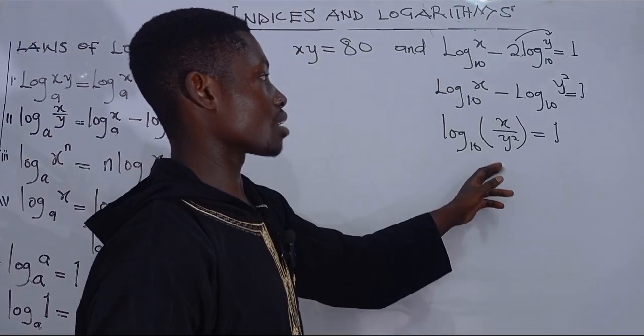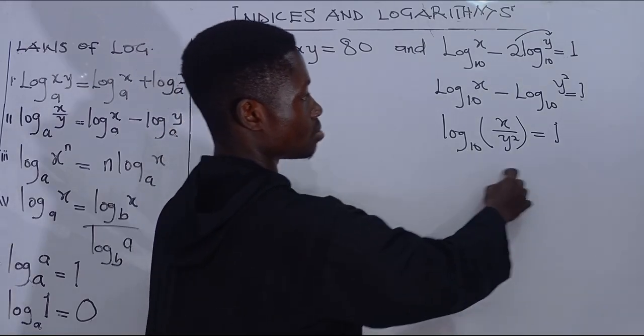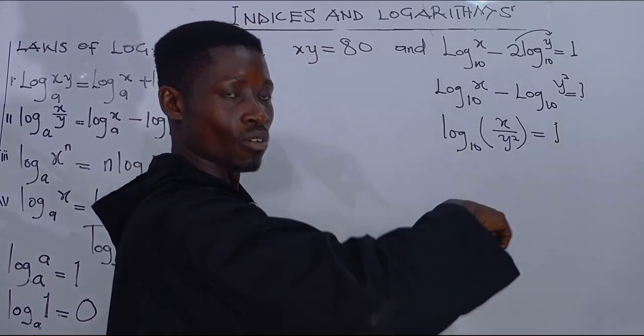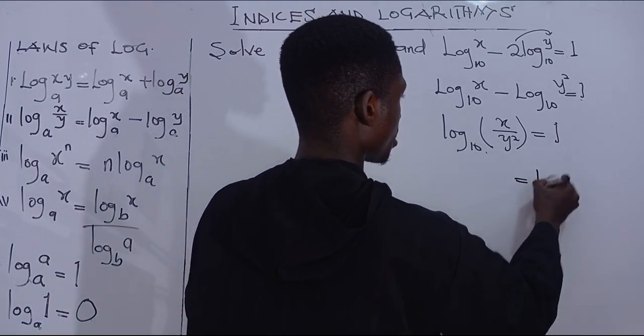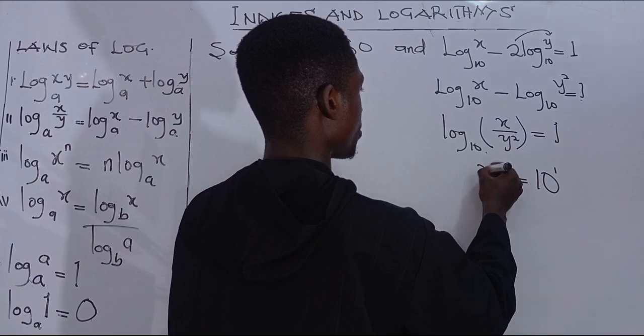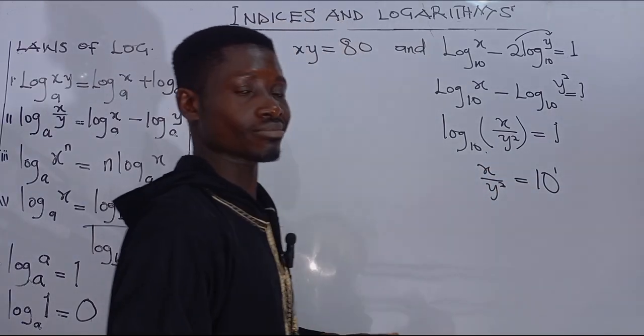Once you have this, we can convert this into an exponential equation. The base of the logarithm will become the base of the power, which is 10. So you have 10 raised to the power 1, equals x all over y squared.